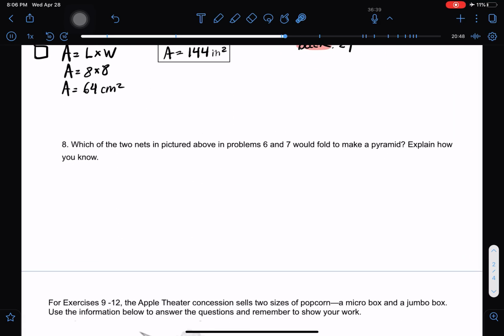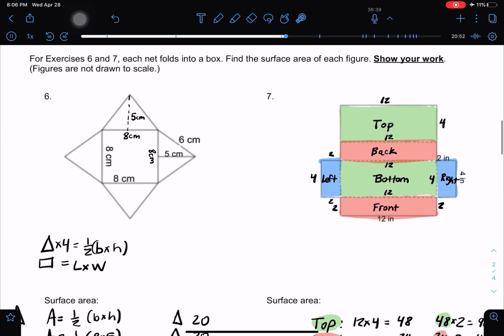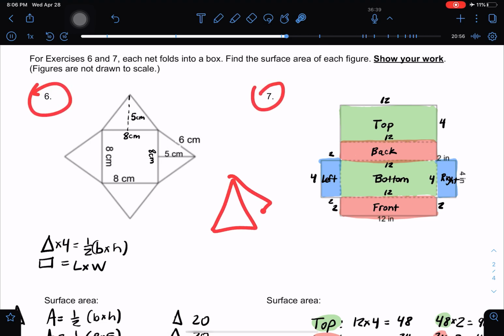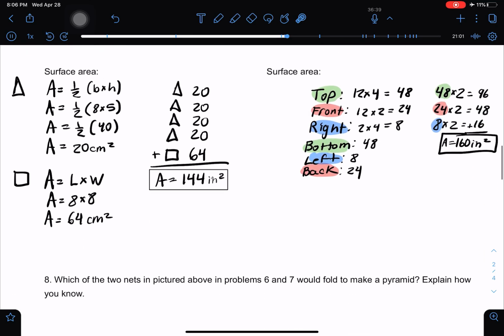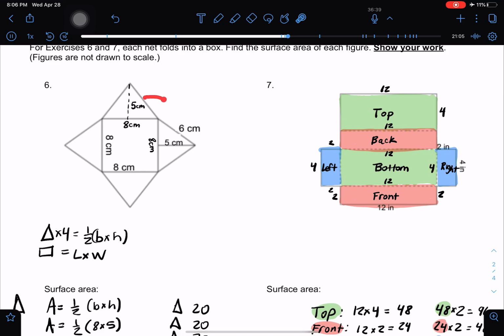Number 8 asks which of the 2 nets that are pictured above in problem 6 and 7 would fold to make a pyramid, and we have to explain how we know. So just taking a look at these, if we picture folding these shapes, the triangles and the rectangles and all, we want these vertices to match up together.